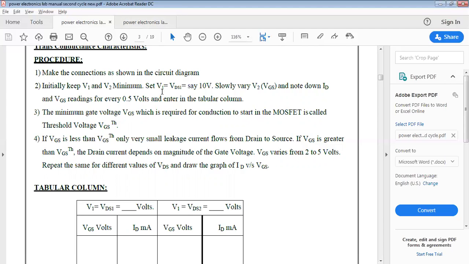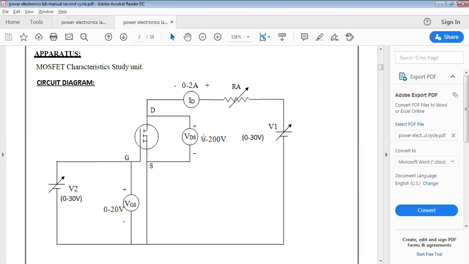Next, we need to set V1 equal to 10 volts. It has been mentioned that V1 is equal to VDS1, which means the voltage across drain to source is equal to 10 volts. You can observe that if we don't give the proper gate to source voltage, which means we have not turned the MOSFET on into conduction, the MOSFET is in the off state.